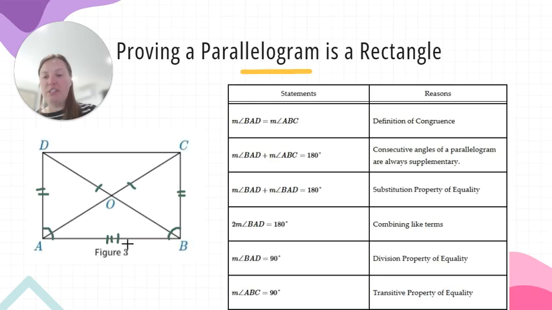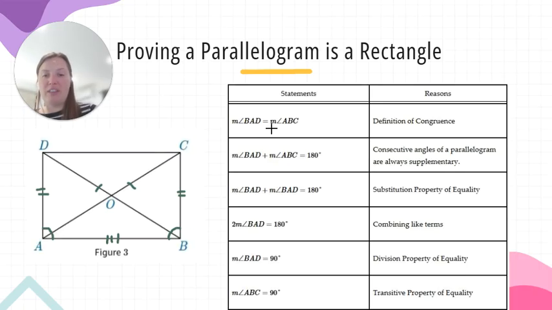Now, moving on to the second part of our proof. Okay, we have all of this information. We know all of this to be true. Now we want to show that BAD and ABC, those angles are 90 degrees, so then we can show that it's a rectangle, right? So by definition of congruence, we said that angle BAD and ABC are congruent.